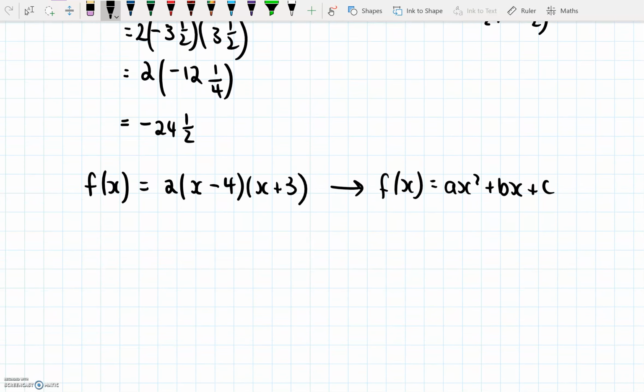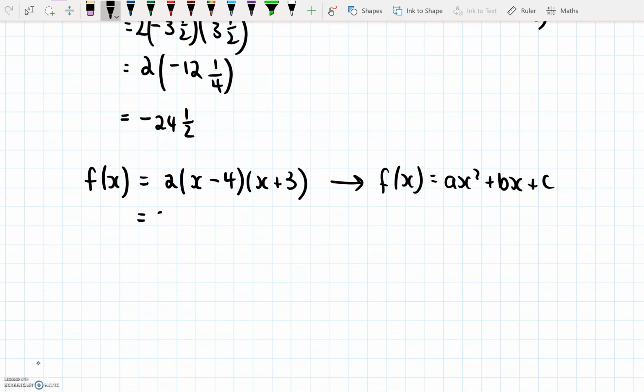You need to be a little bit careful here because we have the 2 out the front. So keep the 2 and then use brackets. Our first combinations are x squared plus 3x. Then we have minus 4x minus 12.